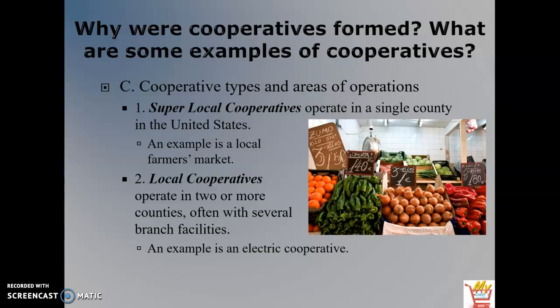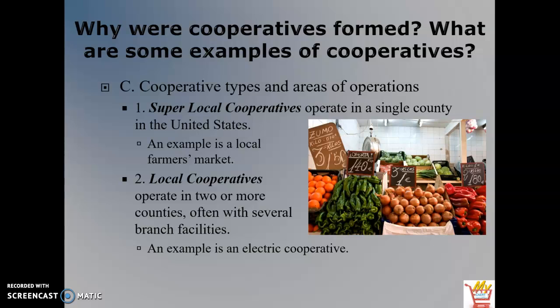So let's talk about the different areas of operations and different types of cooperatives based on their scope. You first have a super local cooperative. That's a cooperative that operates in a single county in the United States. So a local farmers market that only serves one community, that would be a super local cooperative. Then you have your local cooperatives, which operate in two or more counties.